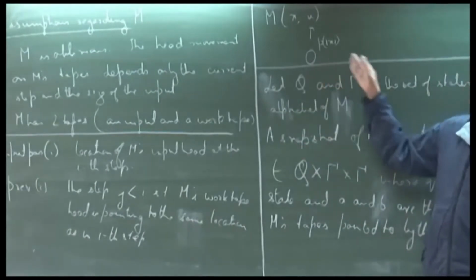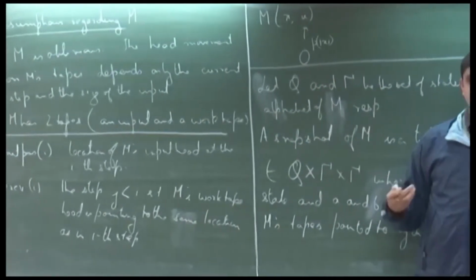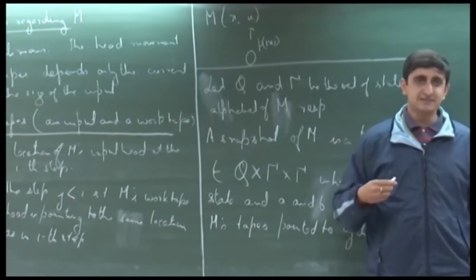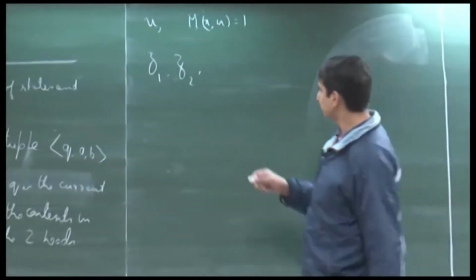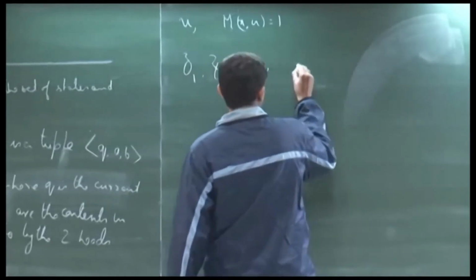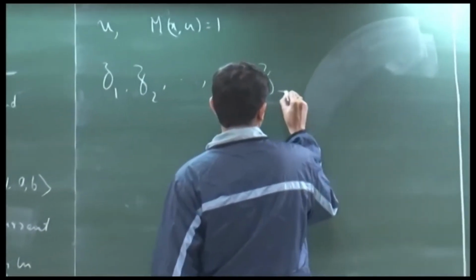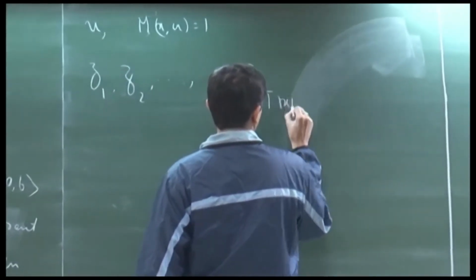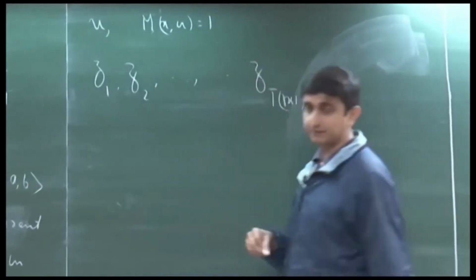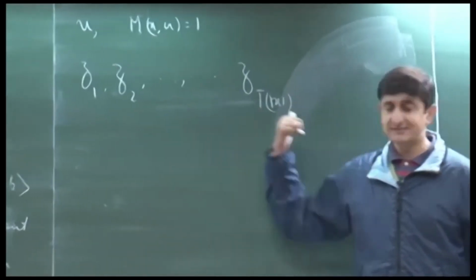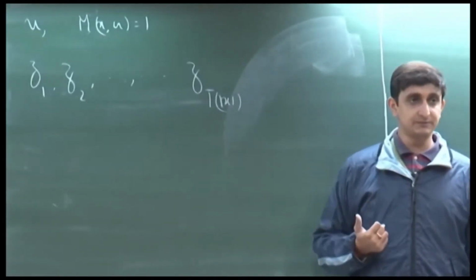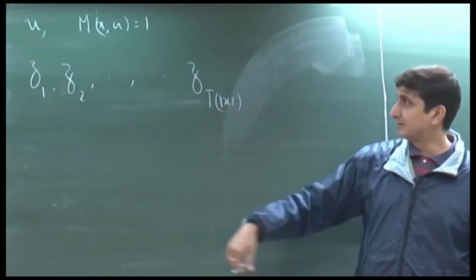So, you run it on the all zeros input and whatever total time it is taking, let us just denote that by T of the size of x. So, somebody presents you that many snapshots. Okay. As evidence.